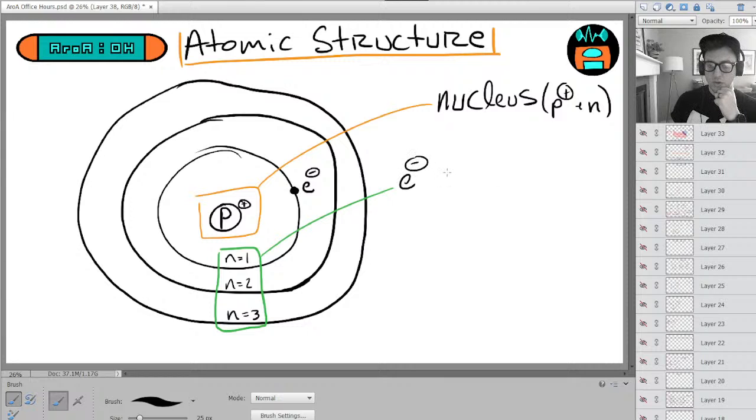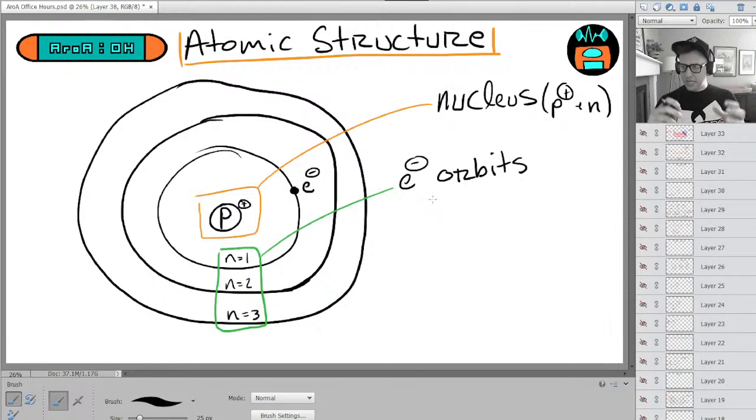What's weird is that the electron is not free to be anywhere in space.